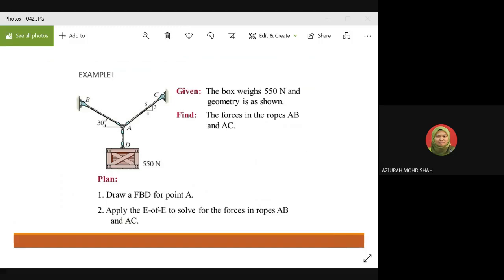By right, we should finish chapter 2 this week. Next week we start with chapter 3. Okay. Yes, right, we have finished chapter 2. Do you want to discuss more on the equilibrium of particle or do you want to learn chapter 3?